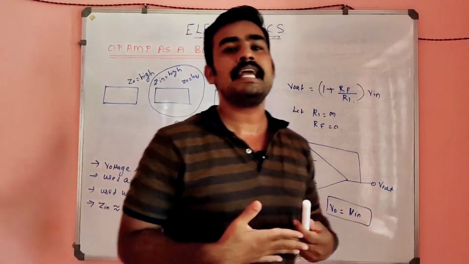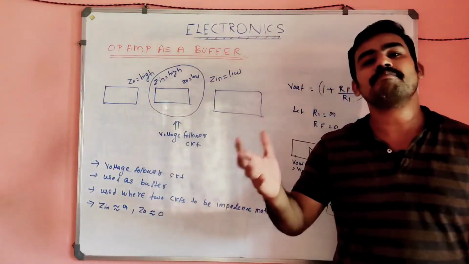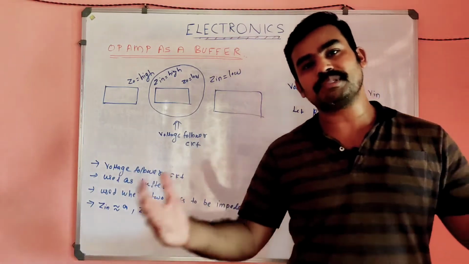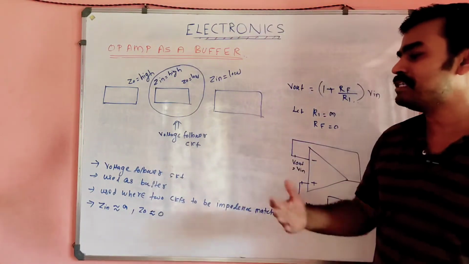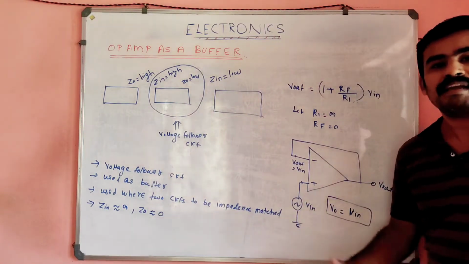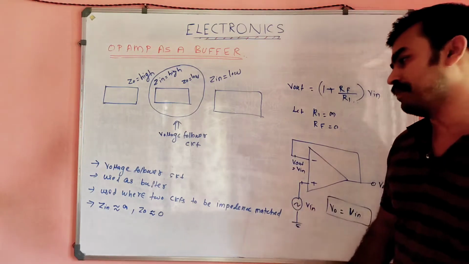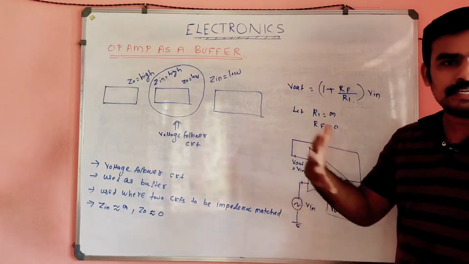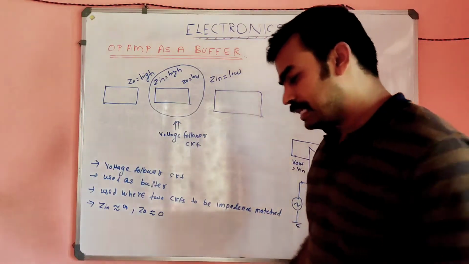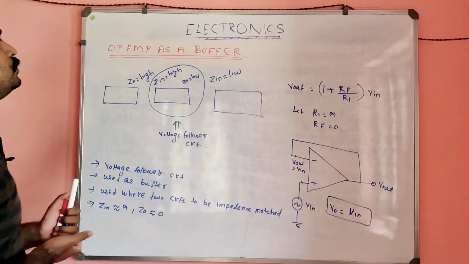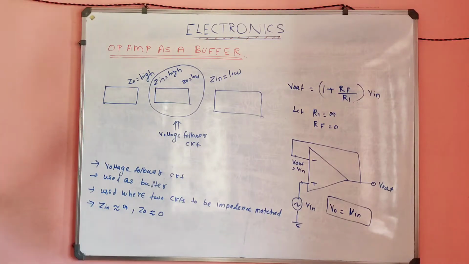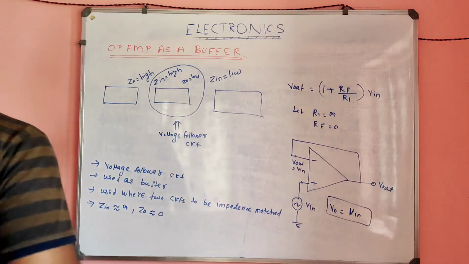It is simply connecting two circuits having different impedances. So impedance matching is one of the major advantages of using the buffer. It is used where two circuits are to be impedance matched. So that is the concept of op-amp as a buffer. Is it clear, my dears? Is there any doubt? Okay.